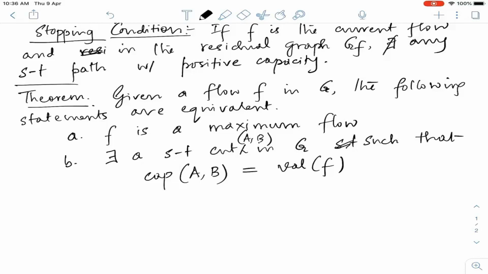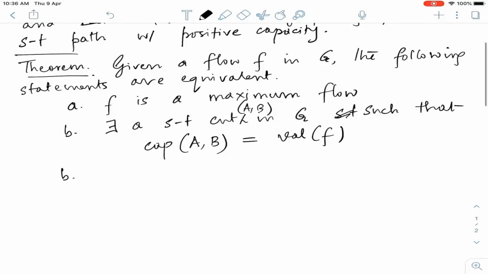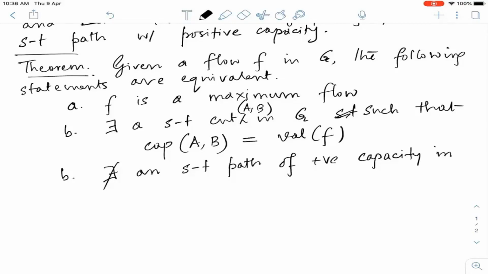The first statement is it does not exist and positive capacity Okay.